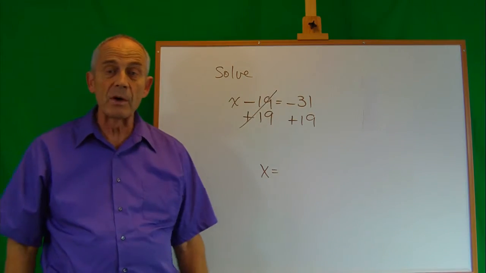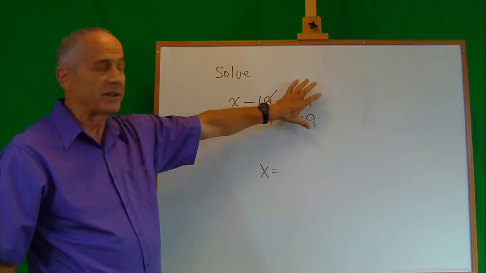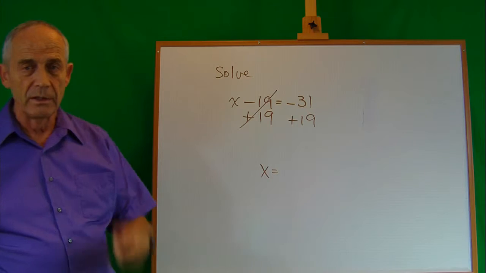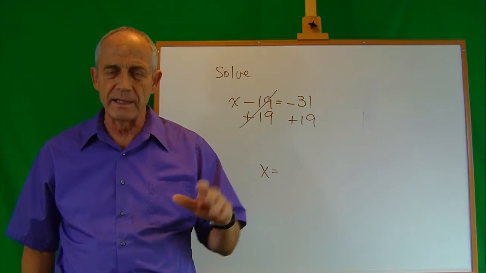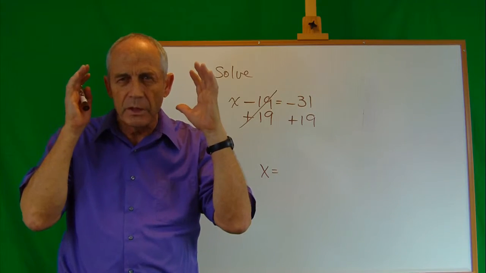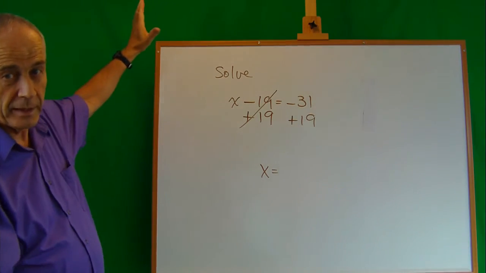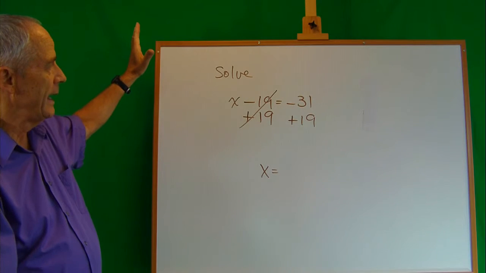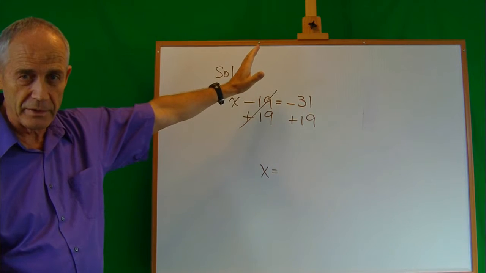So I just have to come over to the other side and ask what it's equal to, because this tells me what it's equal to. So I get minus 31 plus 19. And here's where I start using my visualizing. I'm here on the number line at minus 31. Can you see that? Minus 31. And I'm adding, so that's taking me in the positive direction.